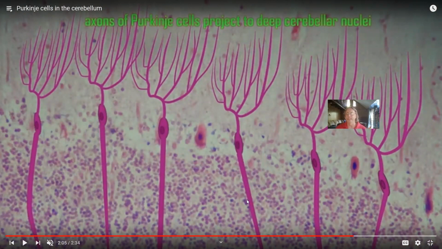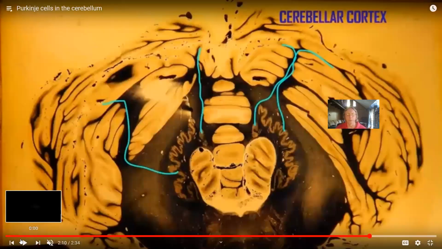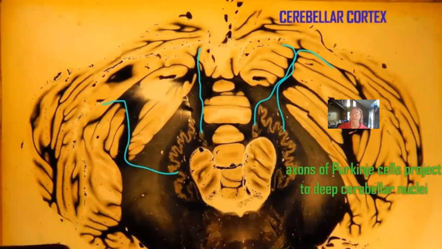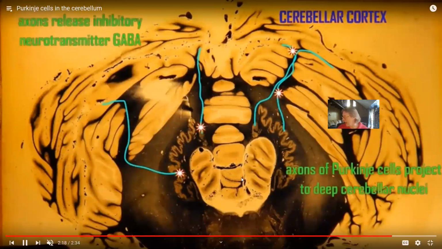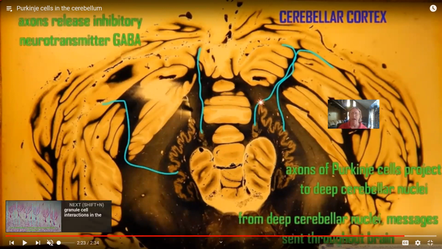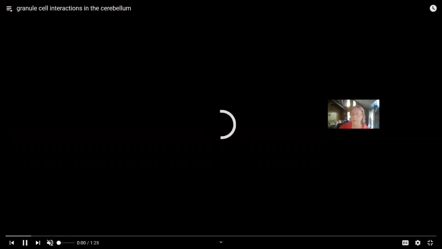And then the axons of these Purkinje cells will project to the deep cerebellar nuclei, where they can inhibit neurons here and thus limit the muscular actions which would result. Okay. And so from the cerebellar cortex, the Purkinje cells would inhibit those somas in the deep cerebellar nuclei.